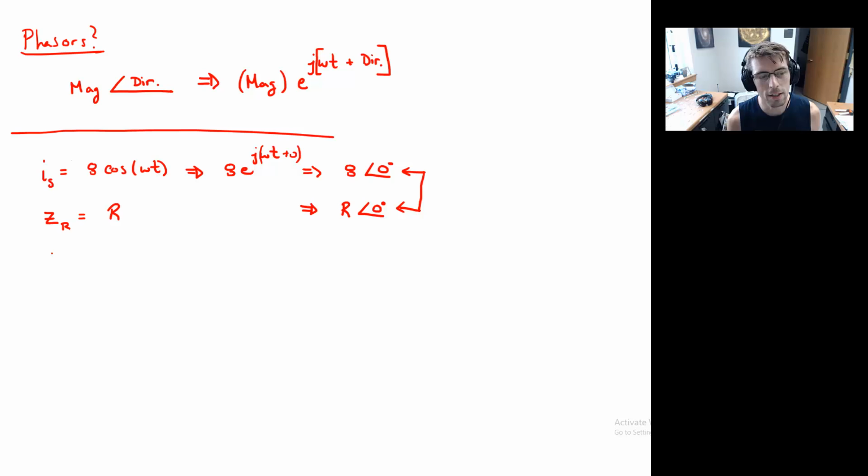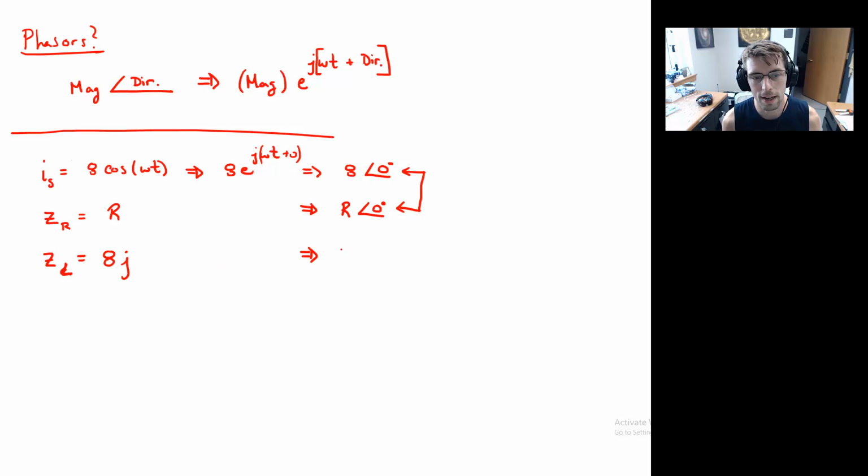Well, for the inductor, I believe we had an 8j for the impedance of the inductor. Yes. And so we could rewrite that. This one points purely in the imaginary direction.